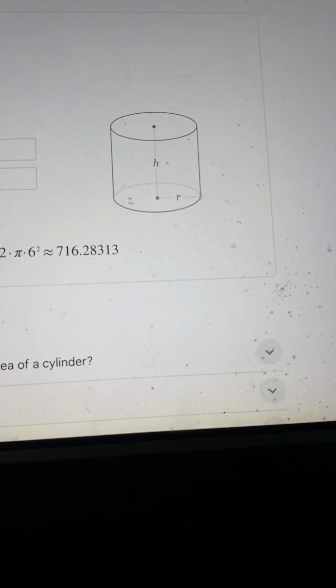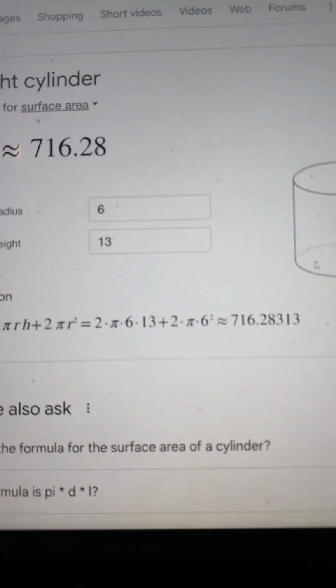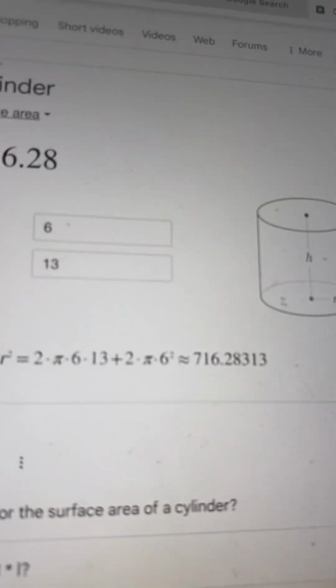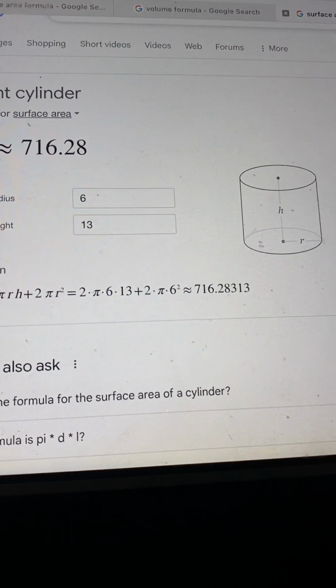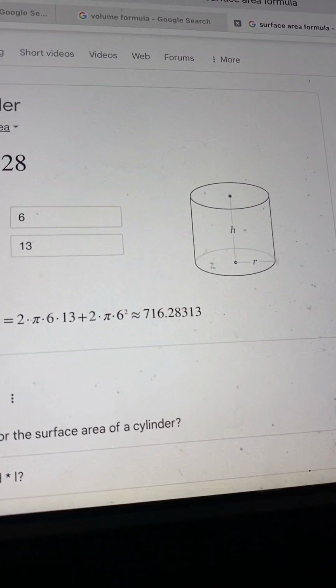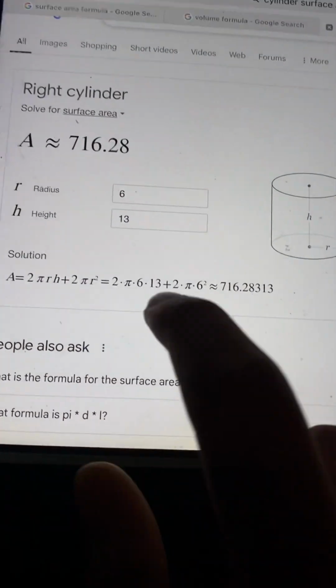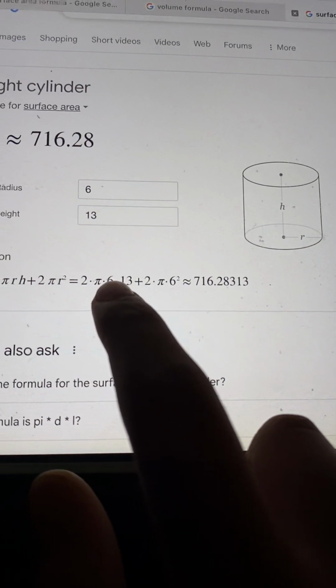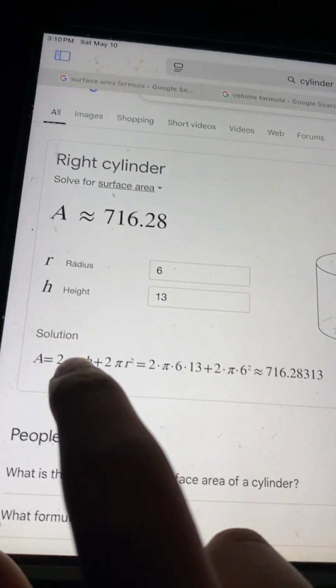This is 716.28313, because if we used the formula correctly, 2 times pi times 6 times 13 plus 2 times pi times 6 squared must equal 716.3, approximately, because we would have to multiply these first before we multiply these, because these are first.